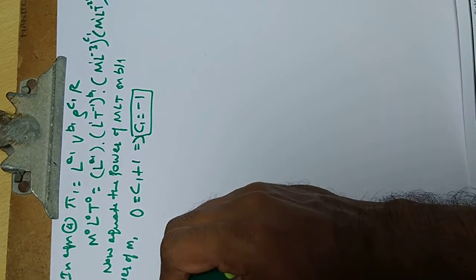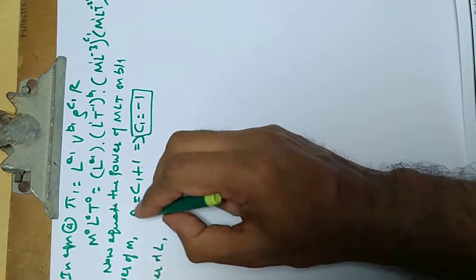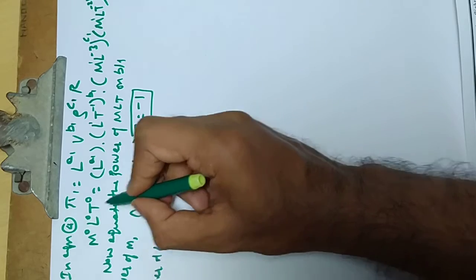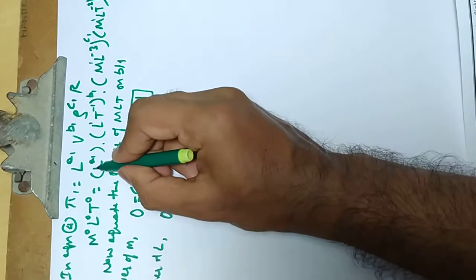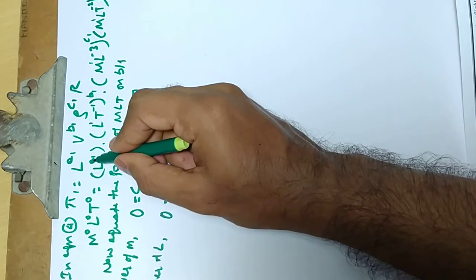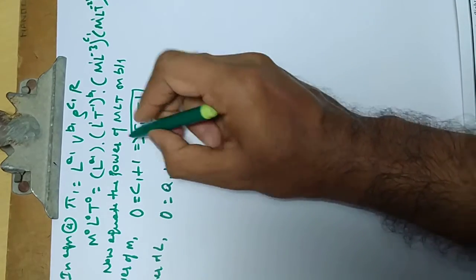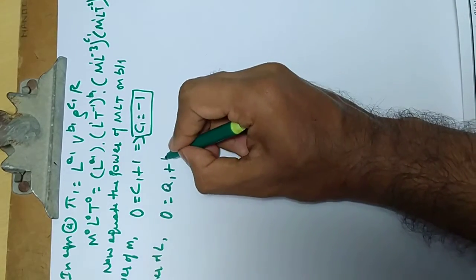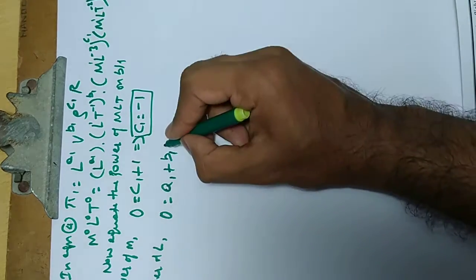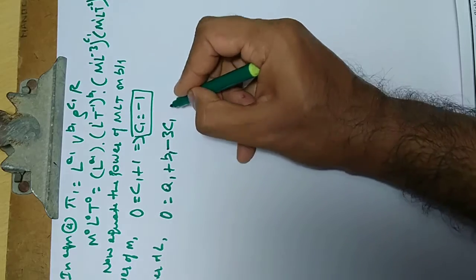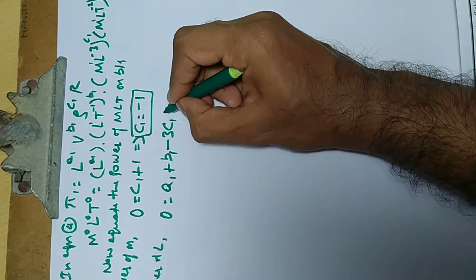Next, equating the power of L. In the left hand side, the power of L is 0. In the right hand side, very carefully write it. L to the power of a1 plus 1, into b1, L is there, minus 3 into c1. Next, L to the power of 1 is there, plus 1.